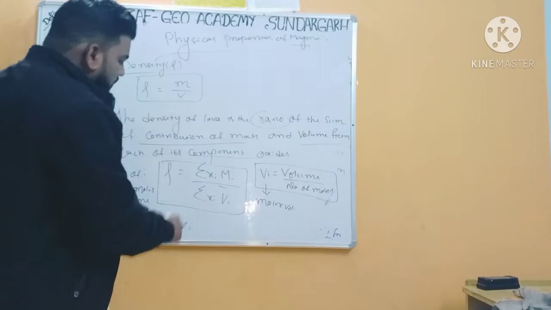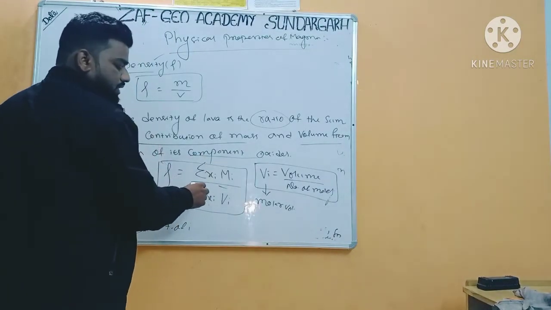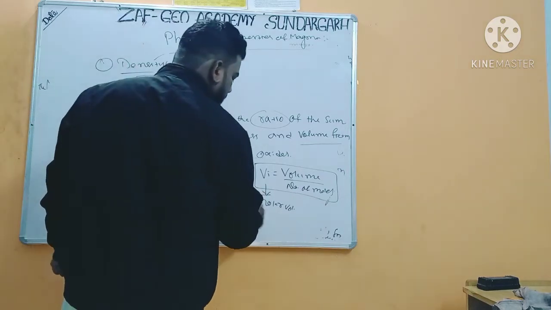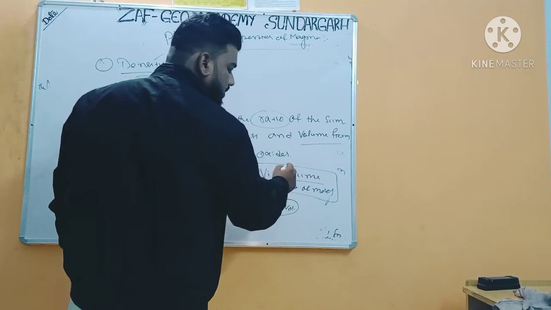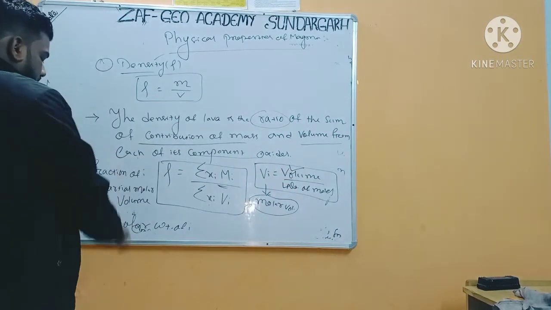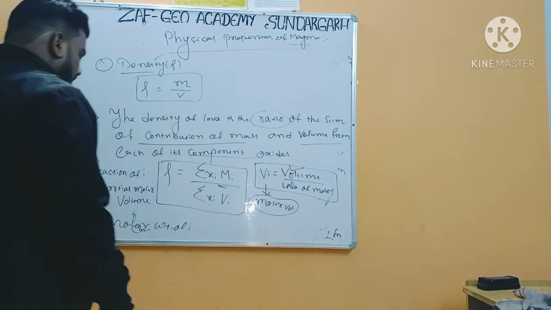Mathematically, rho is equal to the summation of Xi Mi divided by the summation of Xi Vi bar. Here Vi is the partial molar volume, and molar volume is volume divided by number of moles. Xi is the fraction of i, and Mi is the molecular weight of i.